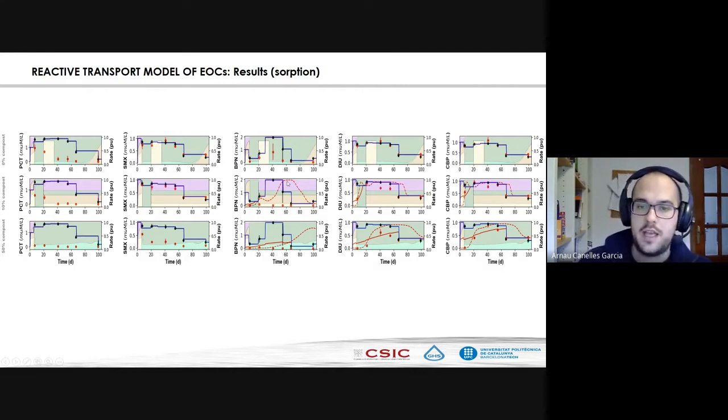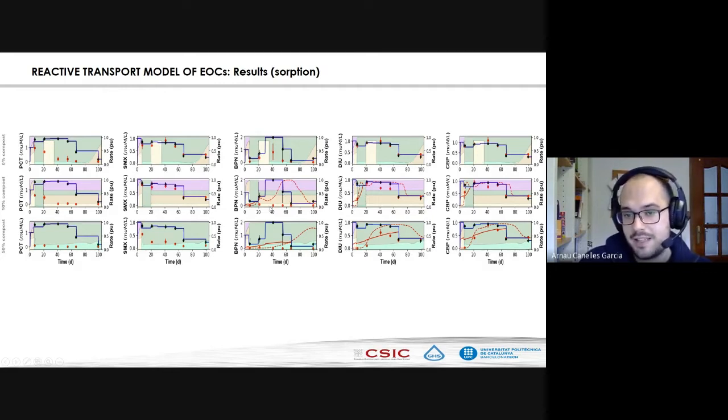And we needed this kinetic equilibrium because on the dashed line, we see that there is some sort of desorption or retardation coefficient that shows that we should have higher concentrations in this model.